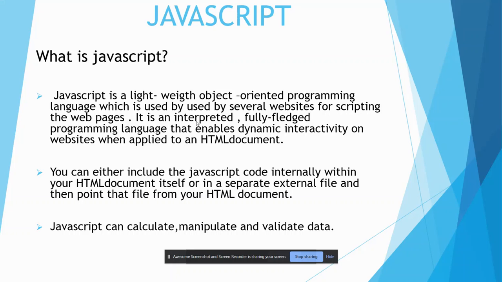A compiled language is where the target machine directly translates the program. But in an interpreted language, the source code is not directly translated by the target machine. Instead, a different program, which is nothing but an interpreter, reads and executes the code.